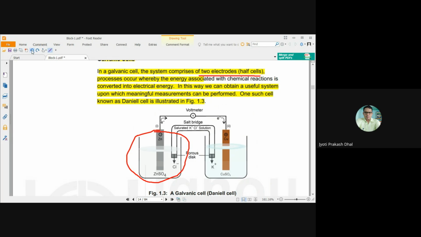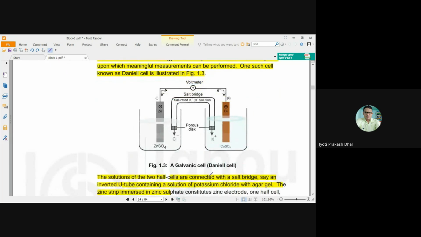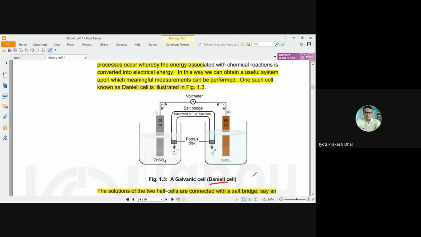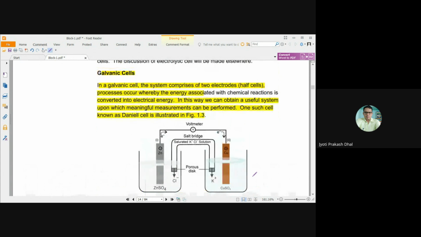Many types of galvanic cells exist, and particularly we will discuss the Daniell cell. In a Daniell cell, a zinc electrode is immersed in zinc sulfate solution and a copper electrode is immersed in copper sulfate solution, connected through a salt bridge and a conducting wire externally. That is called a Daniell cell. That means the Daniell cell is one type of galvanic cell, and many other galvanic cells also exist.